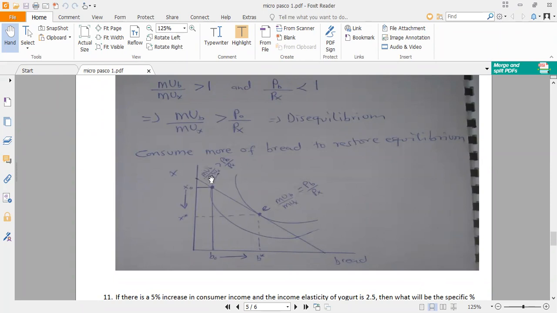Marginal utility of B is higher than marginal utility of X. It means that the person is consuming too much of good X and too little of bread. If you consume too much of a good, your marginal utility becomes very small. That is why the marginal utility of good X is smaller than that of bread. So the disequilibrium is not here, it is here.